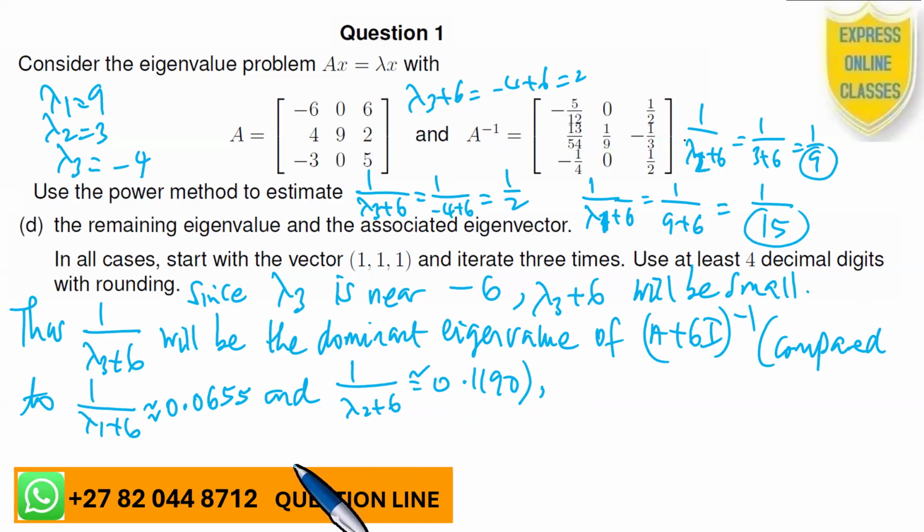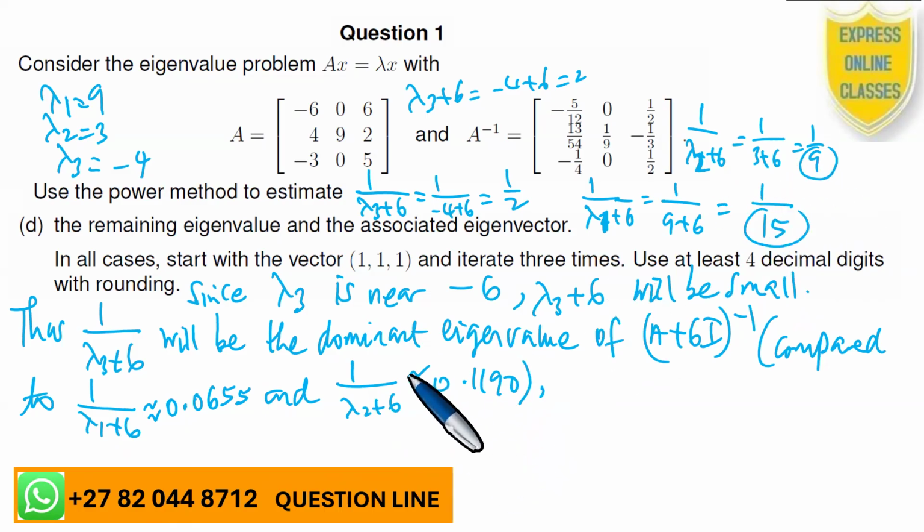Thus, the 1 over lambda 3 plus 6 will be the dominant eigenvalue of A plus 6I, compared to 1 over lambda 1, which is the 1 over 15, and then 1 over lambda 2, which is the 1 over 9, which is 0.11. Good.